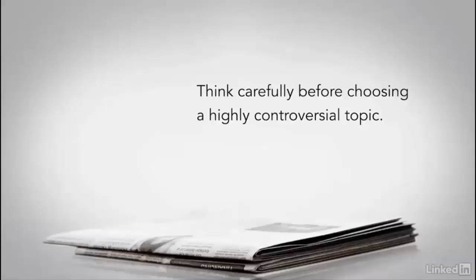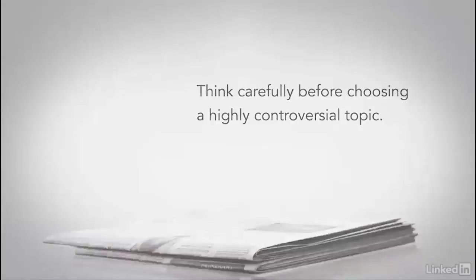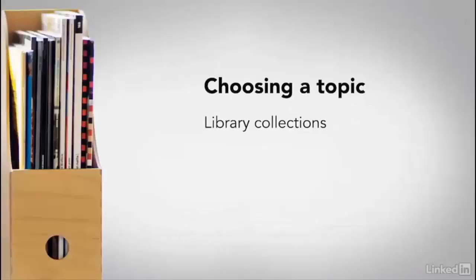Our views on abortion, gun control, politics, and religion, for example, usually align with our value system, making them hard to research objectively. You might look at some general library collections, such as Taking Sides and Opposing Viewpoints, or look through your current textbook for some area that you would like to know more about.